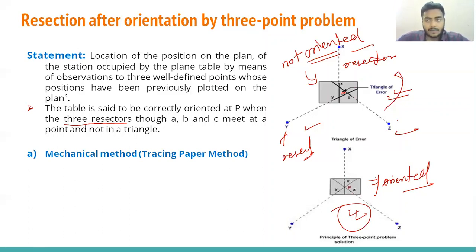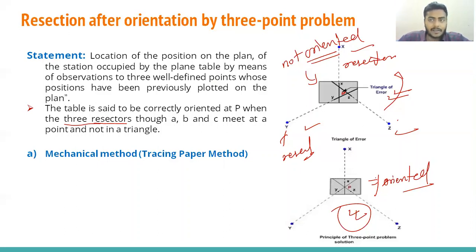Various methods are there, so we will discuss all the methods to give solutions for how we can locate the unplotted station occupied by the plane table in the case of the 3-point problem. The first one is the mechanical method.